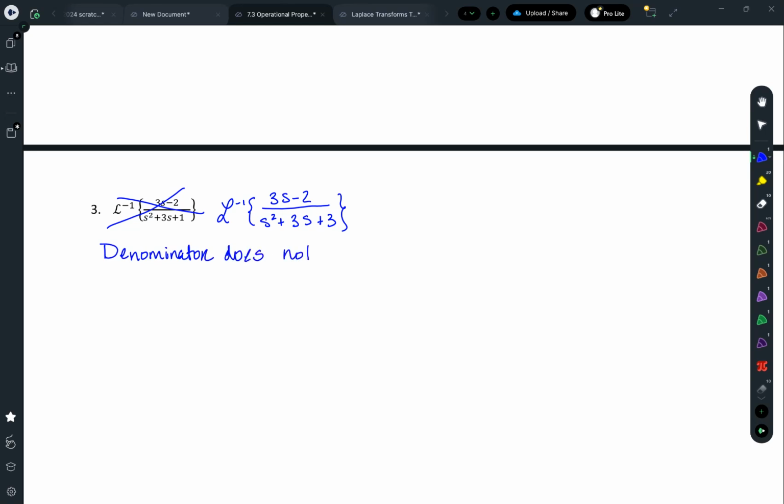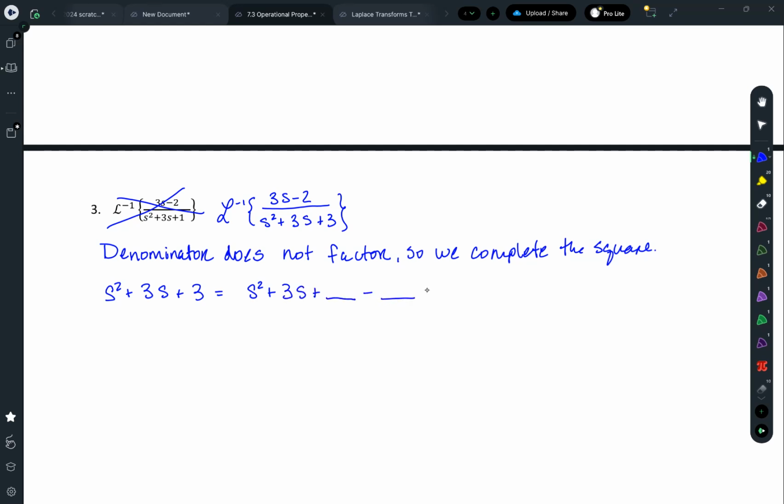If it did factor, this would be like what we did in the previous section. So we complete the square. Okay, so s squared plus 3s plus 3 is equal to s squared plus 3s plus something, minus that something, plus 3.